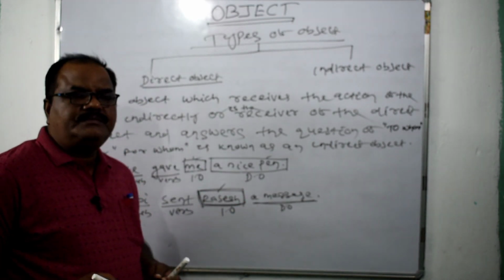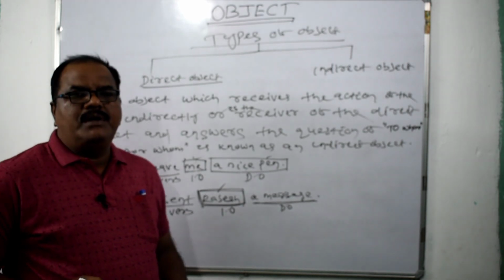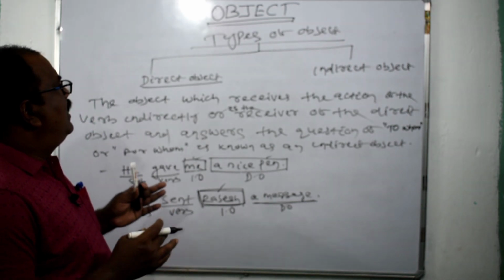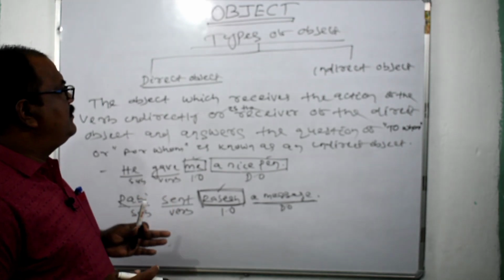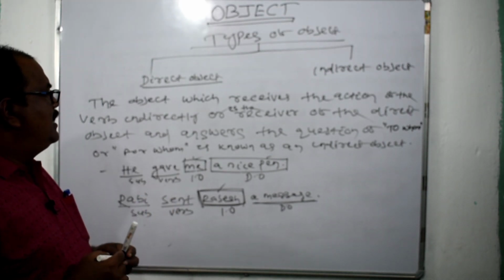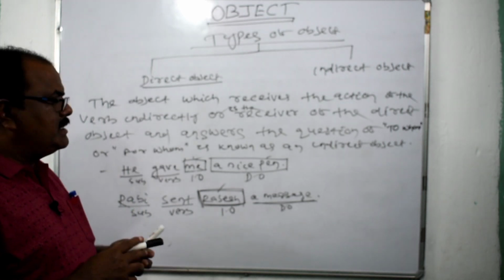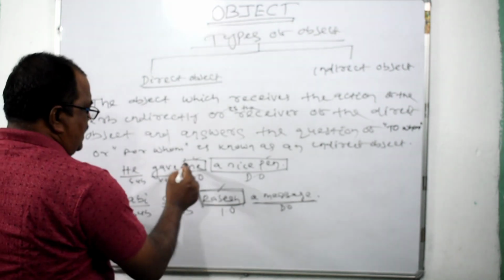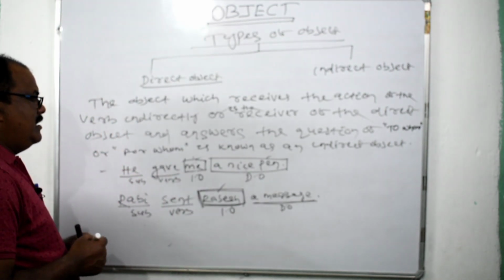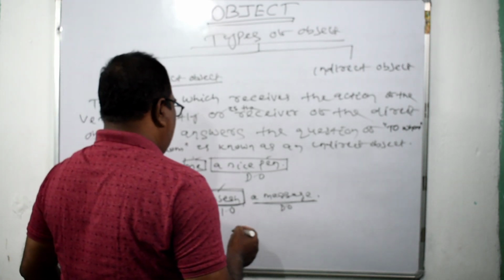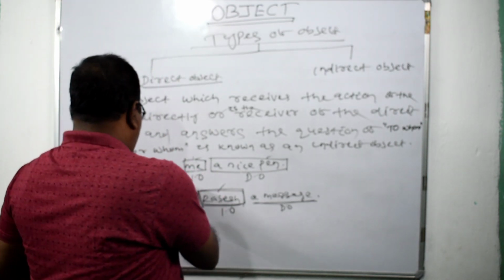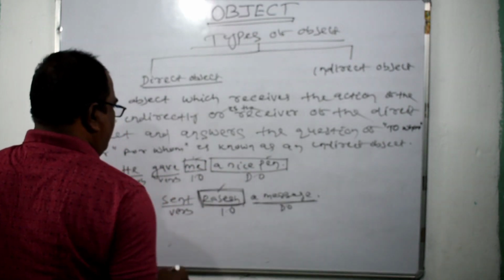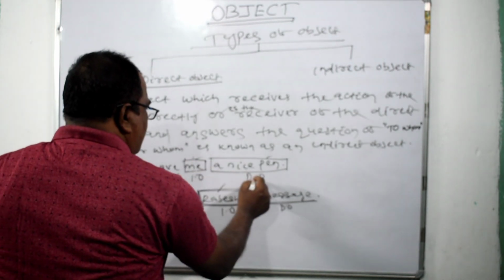So, my dear students, I hope you understand the definition of object and types of object, which is direct object, which is indirect object, and what questions are made to find out the direct object and indirect object. The general order of the objects is indirect object and direct object. We can alter the order of the objects. In the sentence, he gave me a nice pen, we have indirect object and direct object.